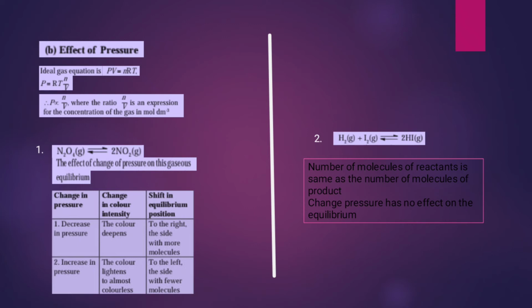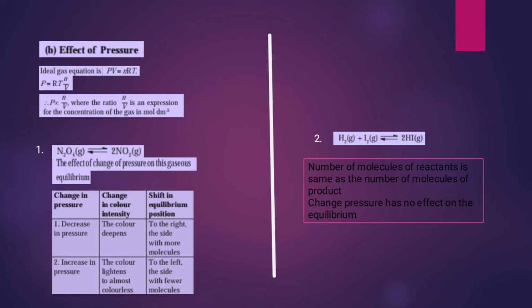Here there is the same number of molecules of gases on both the sides. So here change of pressure has no effect on the equilibrium. The number of molecules of reactant is the same as the number of molecules of the product in the reaction given above. Change in the pressure has no effect on the equilibrium.